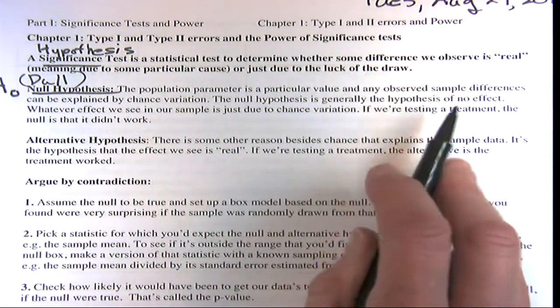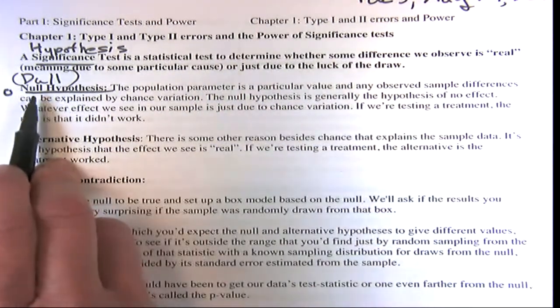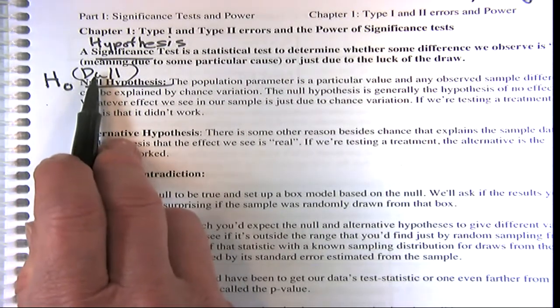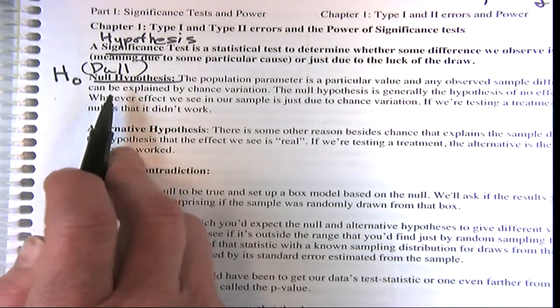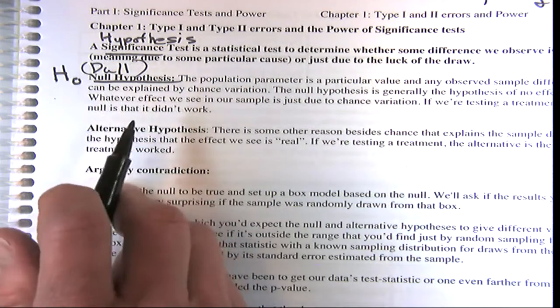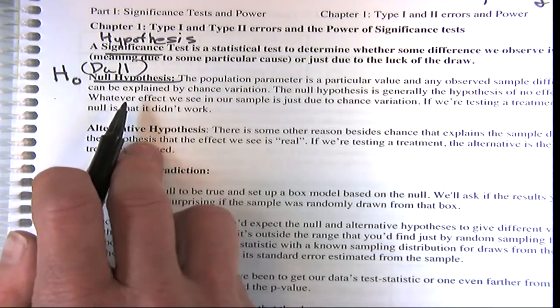It's generally the hypothesis of no or null effect. No or null effect, okay? For example, let's put our current experiment in the context of a hypothesis test. What we would say is that whether the online or in-person teaching method makes no difference.